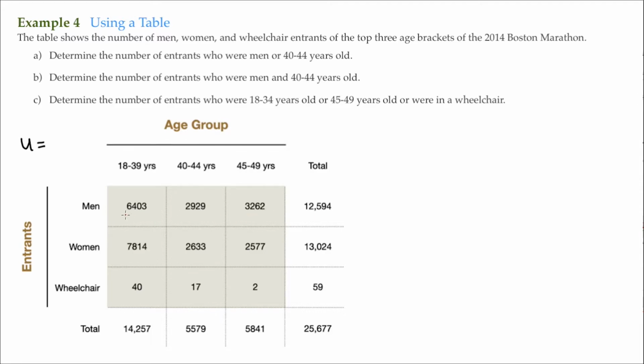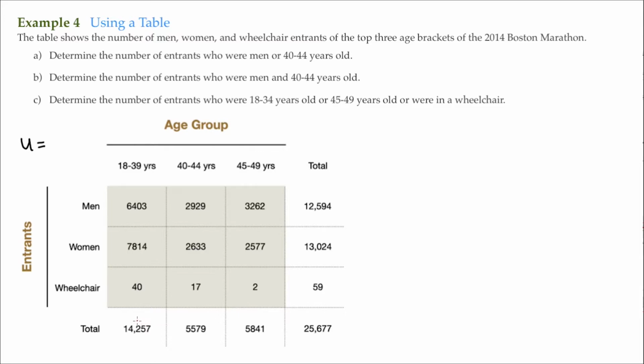So if I was to take 6,403, add that to 2,929, and then add that to 3,262, that'll give us a total number of men entrants of 12,594. This, of course, is the same idea. This is the total number of women entrants. And this one down here is the total number of wheelchair entrants.